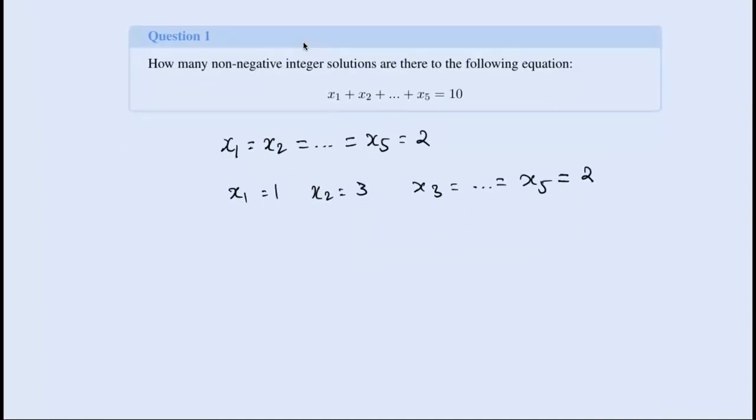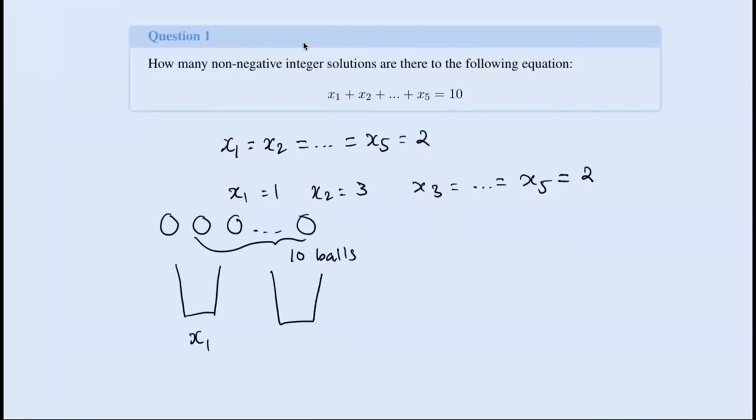The thing is that each xi, you can think of it as a bin. Let's say it is a bin holding the amount. Let's say you want to distribute 10 balls. Then in each bin, you will put some amount of balls in, and that amount will never be negative. It will always be at least 0.